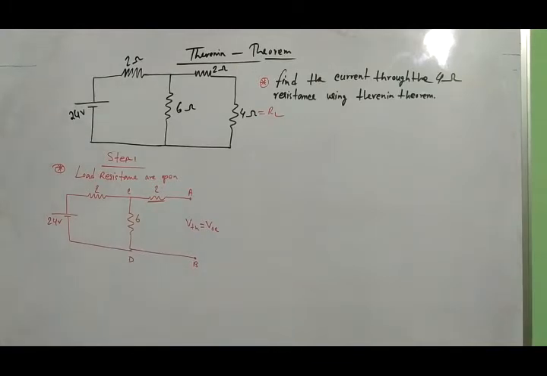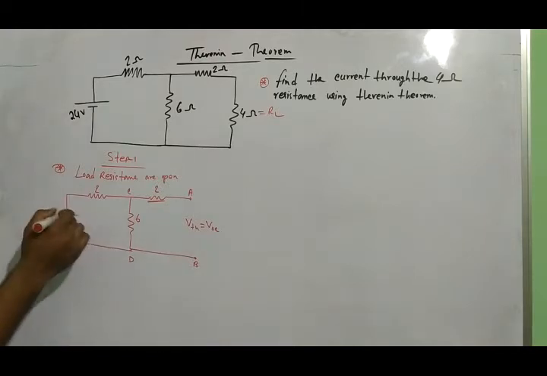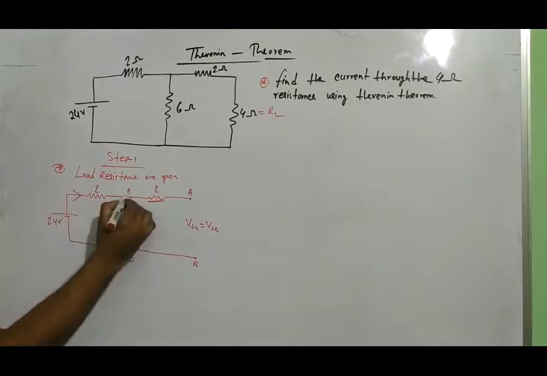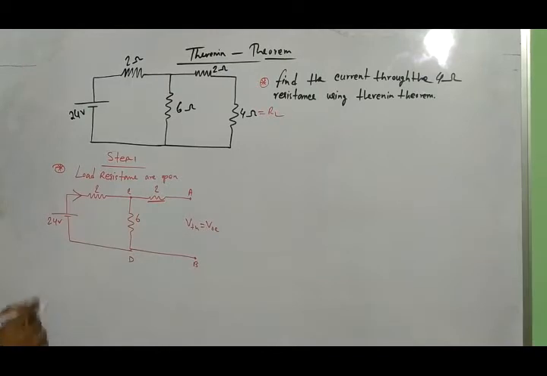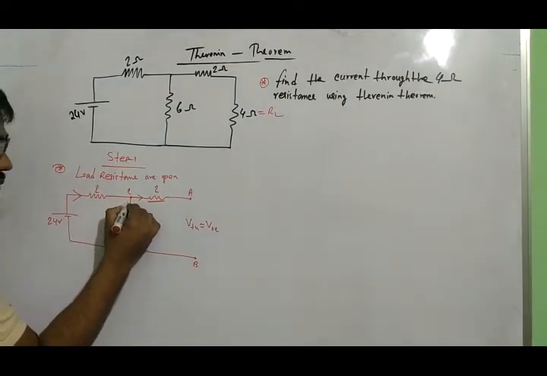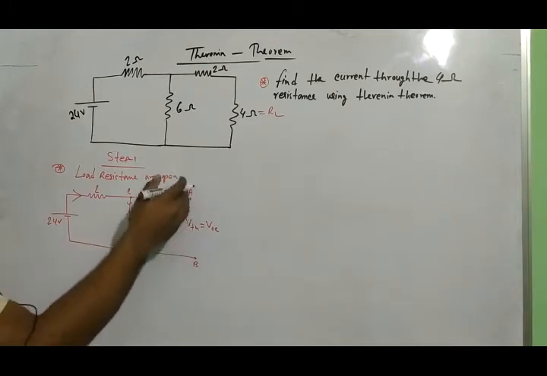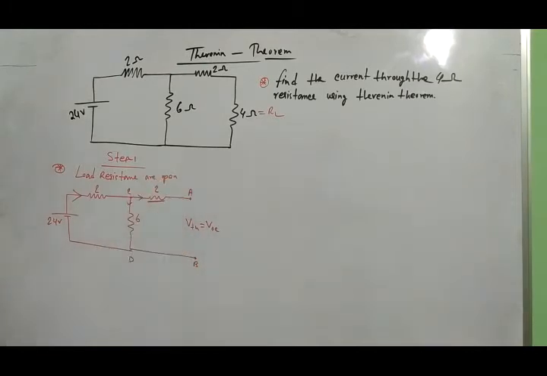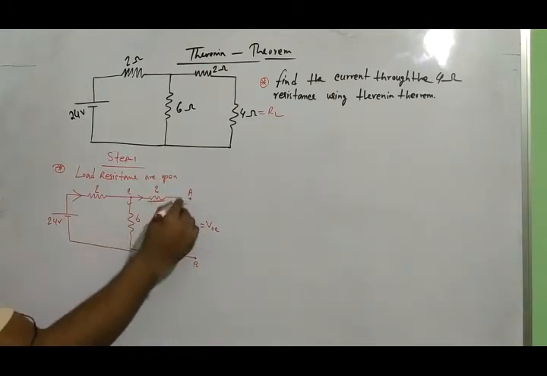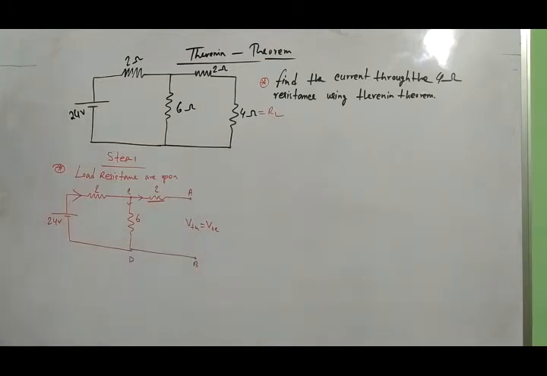Why not exist, sir? Because when I give the current direction, this is a source, the current will flow in this direction, coming to this point. The current is actually divided into two parts, but here we can see this is the open terminal. That's why no current will flow through this open terminal.